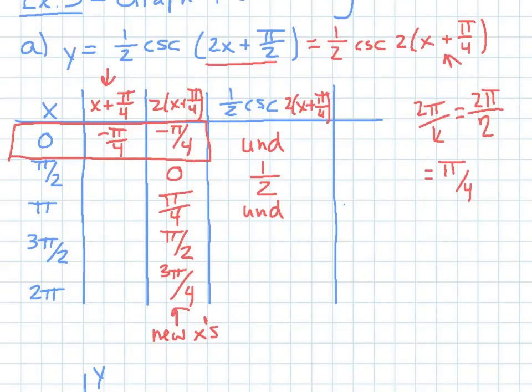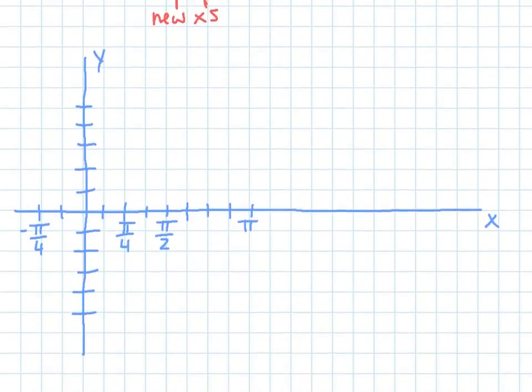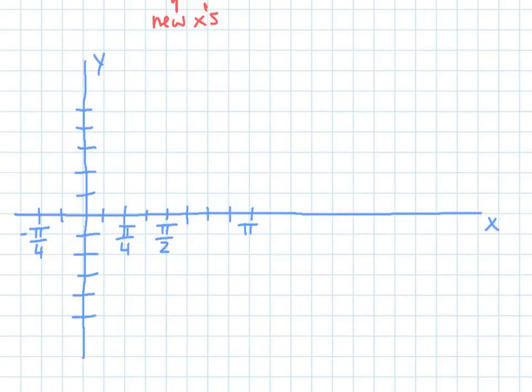Negative 1 times 1/2 is negative 1/2. Then 3 pi over 4 plus pi over 4 is pi. Pi times 2 is 2 pi. Cosecant of 2 pi is undefined. So we should get values that look like this. I have an undefined line at negative pi over 4, and another one at pi over 4.